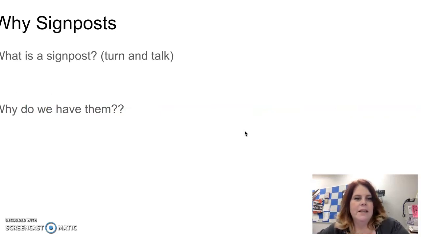Okay, so what is a signpost? The best way that I can describe this, and I think you guys will all have your own analogies or your own things that come to your mind, but when I was a little girl, I was a Girl Scout, and we would go on nature walks, and they taught us how to mark the path so that people who ever came on that certain nature walk behind us would be able to follow our nature walk, right?